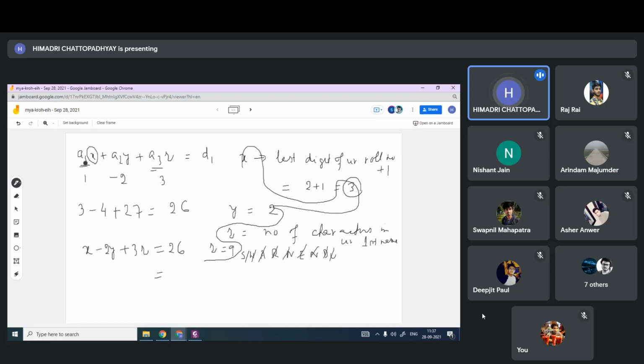Like this you will first develop three equations. After developing your three equations, you solve them by programming, and then check that you get back these values.